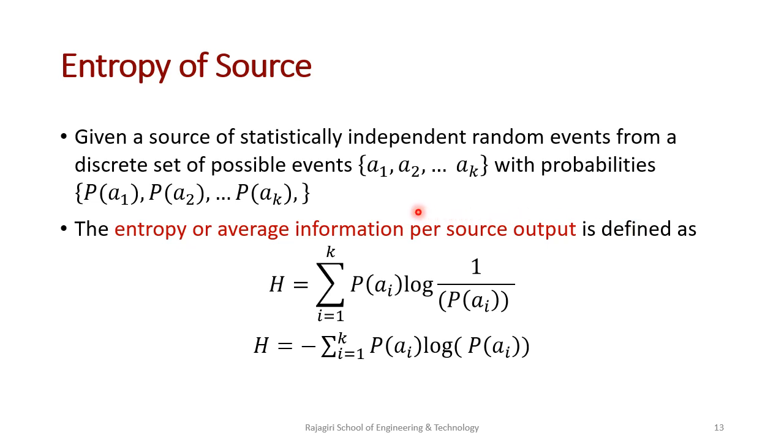Given a source of statistically independent random events from a discrete set of events A1, A2, etc., Ak, with probabilities P of A1, P of A2, etc., P of Ak, the entropy, or average information per source output, is defined as H is equal to summation over i of P of Ai into log 1 by P of Ai, where P of Ai is the probability of each event.